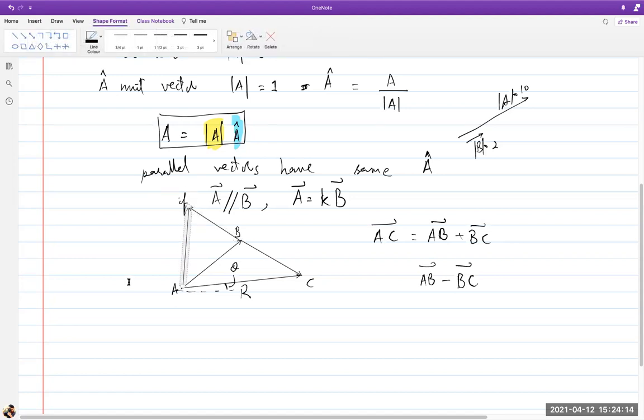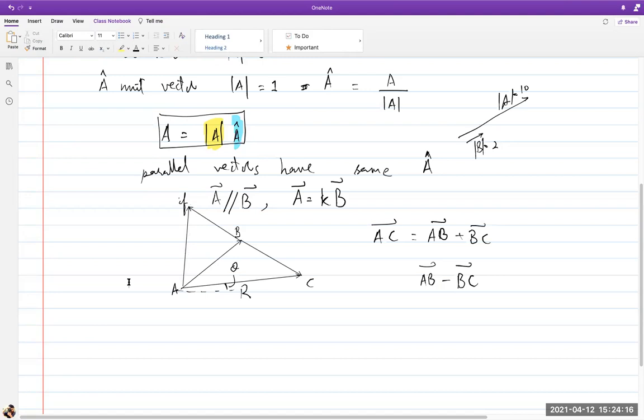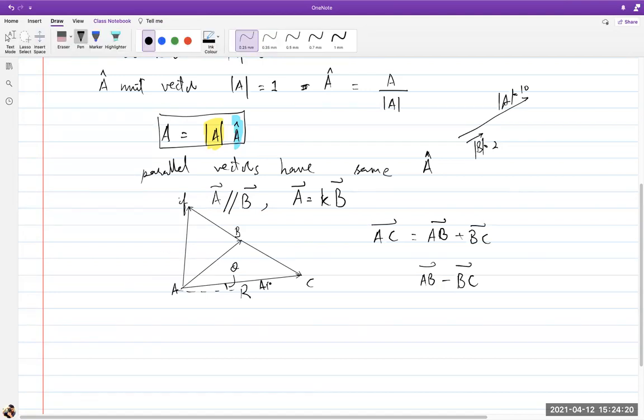This is my resultant vector. So this is AB plus BC and this is AB minus BC, because I'm going the exact opposite of what I would go in BC. So that's how you add them. You don't actually subtract vectors, you basically just flip the direction.